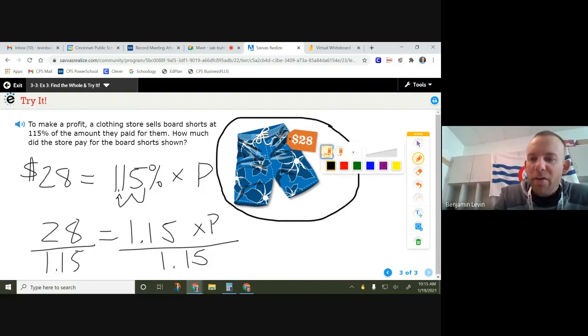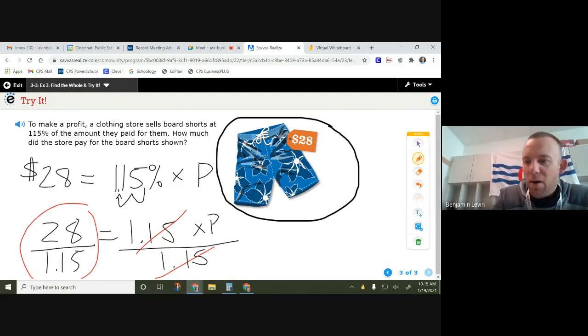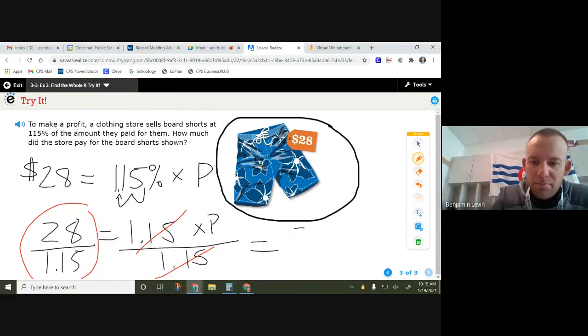The 1.15s will cancel. Whatever we do to one side, we must do to the other side. So our answer is going to be 28 divided by 1.15, which equals 24.34.